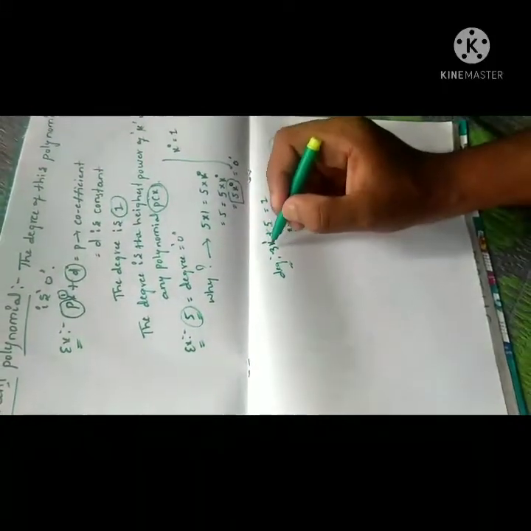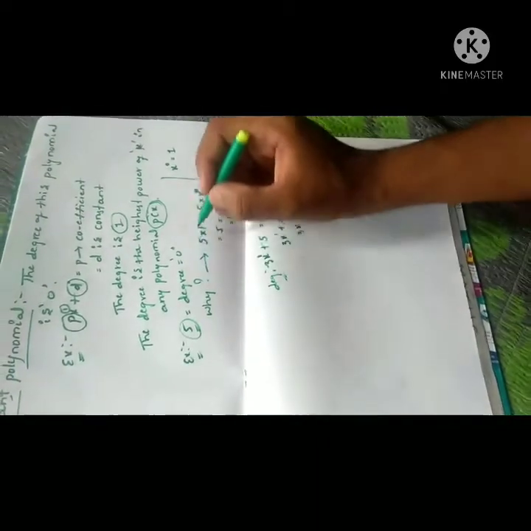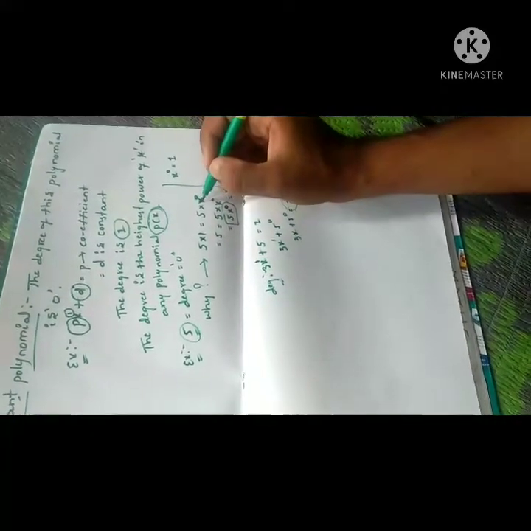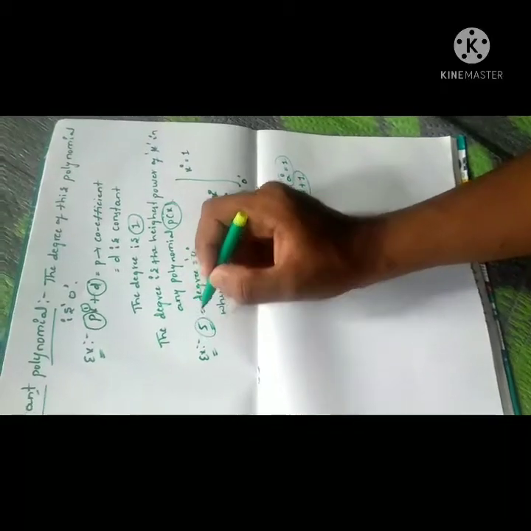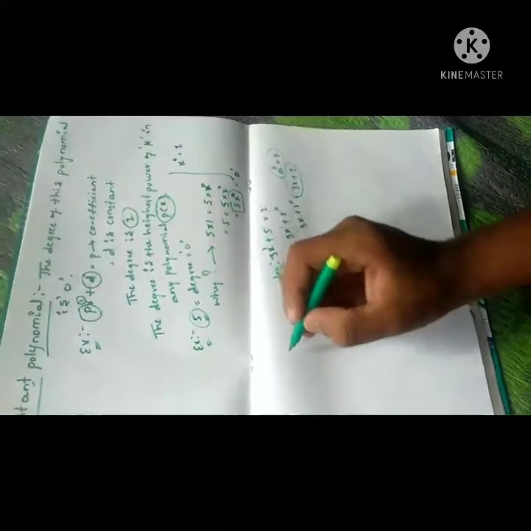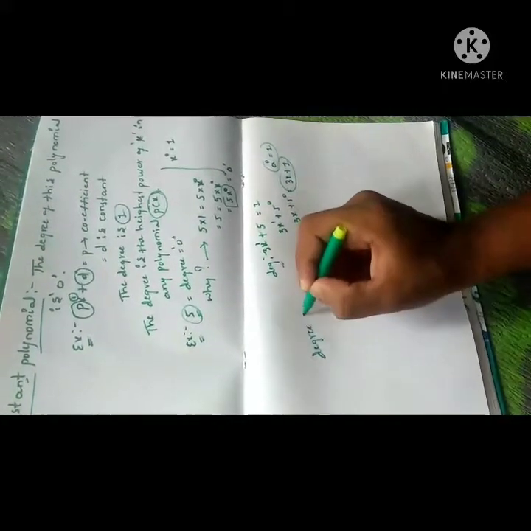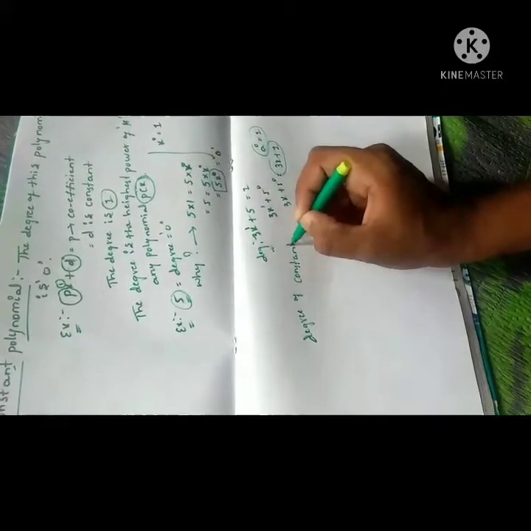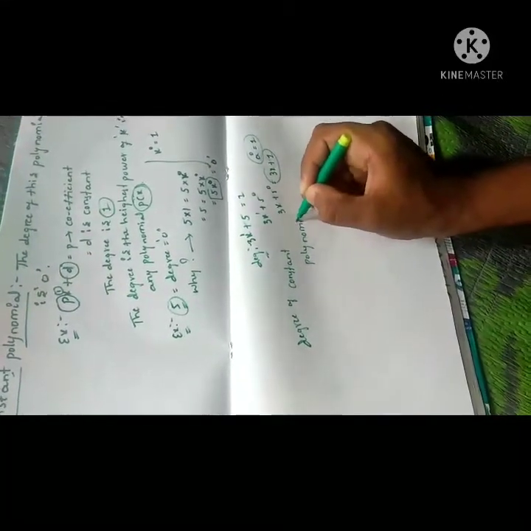We are only placing the 0 as power for the x, but we cannot add this as 5 power 0. Hence the degree of a constant polynomial is 0.